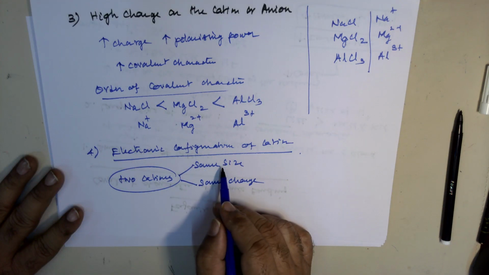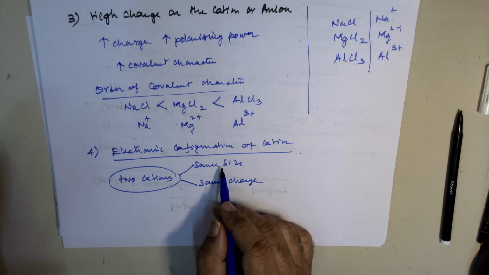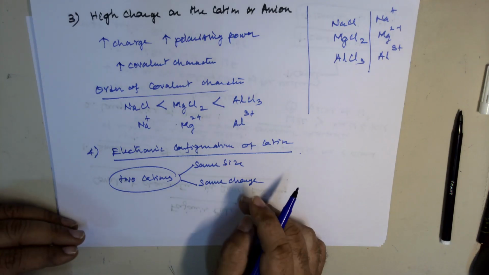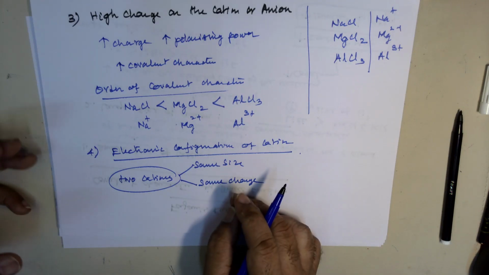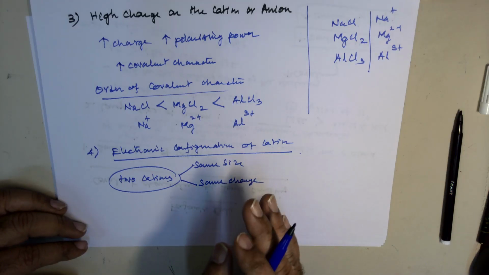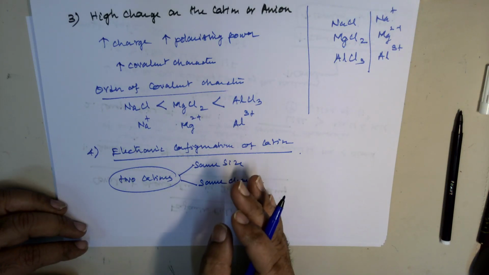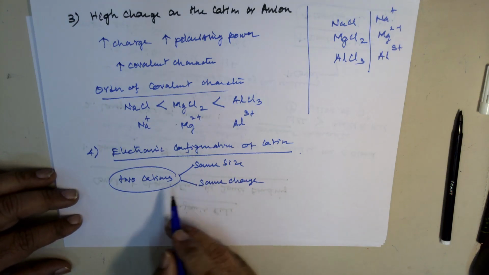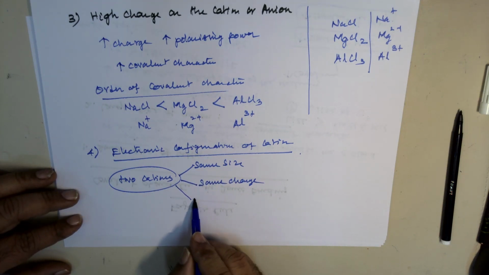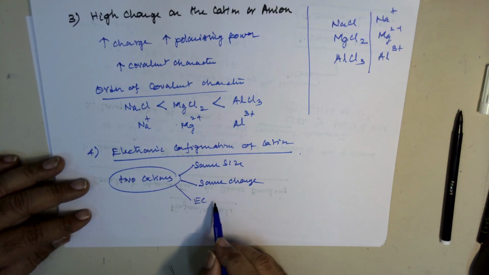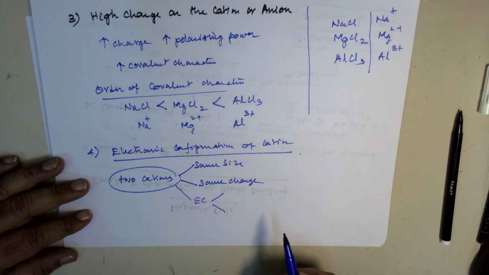In the previous case the size is different, so based on the size we can judge whether it is covalent or not, and based on the charge we can decide. But when both are of the same size and same charge, we need an additional, reliable parameter, in this case electronic configuration. In this, we have got two types of configuration.